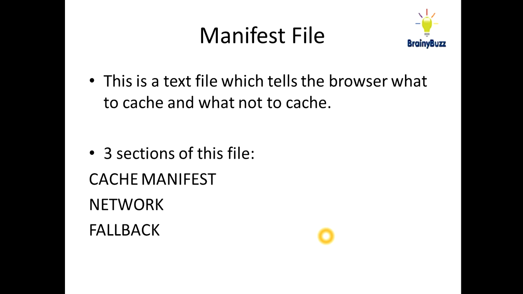Suppose there is a website or a web page, and in that we have lots of files included, like lots of JS files, some ASP files, or some CSS files. So we basically have three sections: cache manifest, network, and fallback.